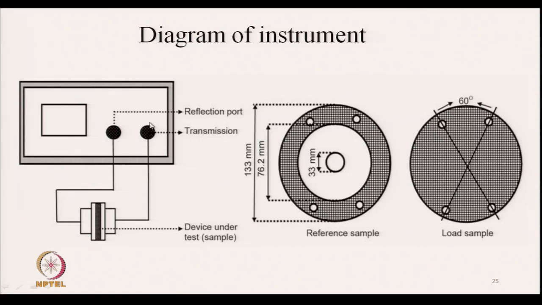Here is the device under test, which may be a textile fabric, and there are two types of samples: an annular ring with a small circular sample at the center, called the reference sample, and the other is the load sample. If we take the difference, we will get the shielding effectiveness.